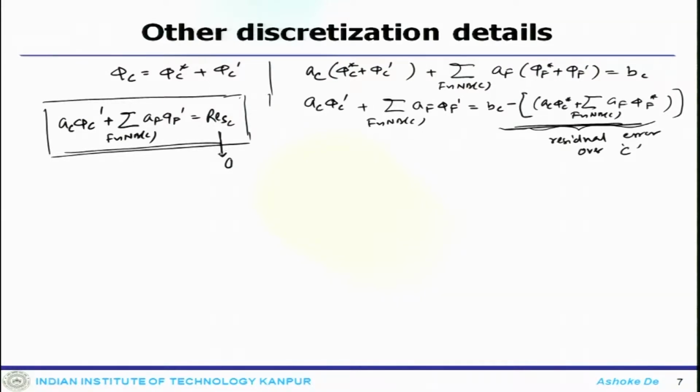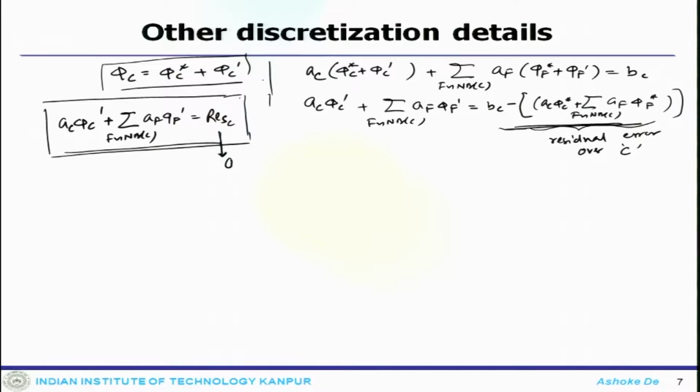Once this gets to 0, the correction would be 0, and one reaches the exact solution.